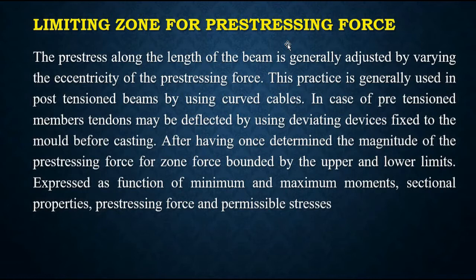This was just a general thing about the limiting zone, but let me read out. The prestress along the length of the beam is generally adjusted by varying the eccentricity of the prestressing force. This practice is generally used in post-tensioned beams by using curved cables. In case of pre-tensioned members, tendons may be deflected by using deviating devices fixed to the mold before casting.